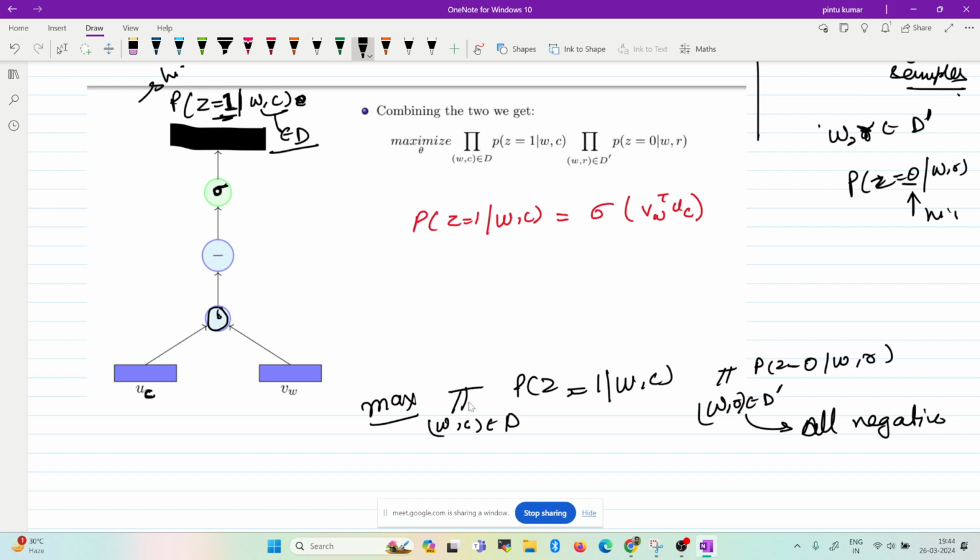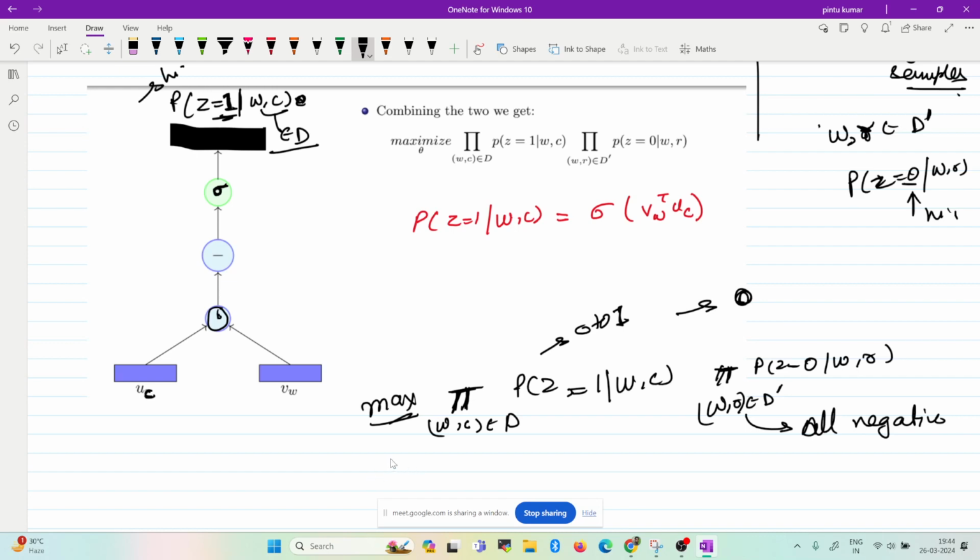First, if you want to maximize these kinds of products, there is a trick you might have learned in machine learning also. If you have a product of probabilities, the probabilities are between 0 and 1, so many values between 0 and 1 getting multiplied together would lead to values very close to 0.